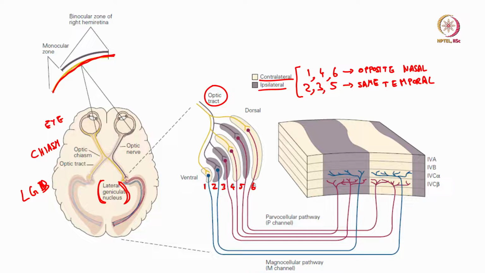So, 2, 3 and 5 is same side, and the importance of this is that it is not just a biological curiosity. The same representation carries on all the way up to the cortex. So, that is the significance. This is the visual cortex, and this kind of representation is coded.